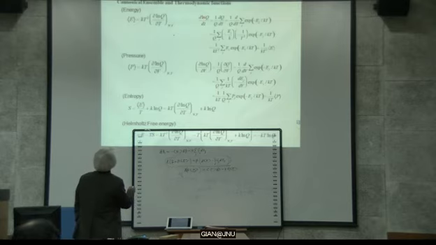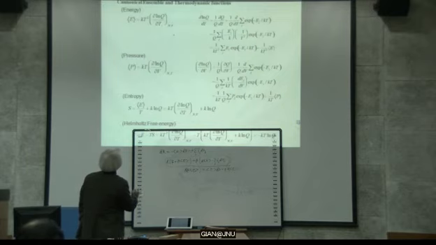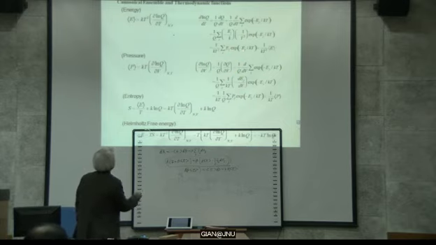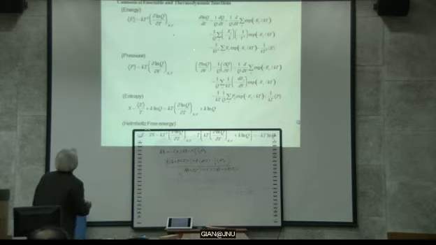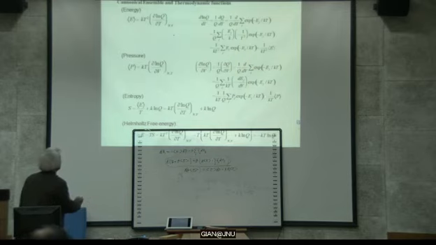Taking the derivative of logarithm Q over T with respect to T, then you get this expression. This is a similar manipulation which we have done before, and you get this one. So we can get this expression by taking this derivative, and also for P you can get this expression.